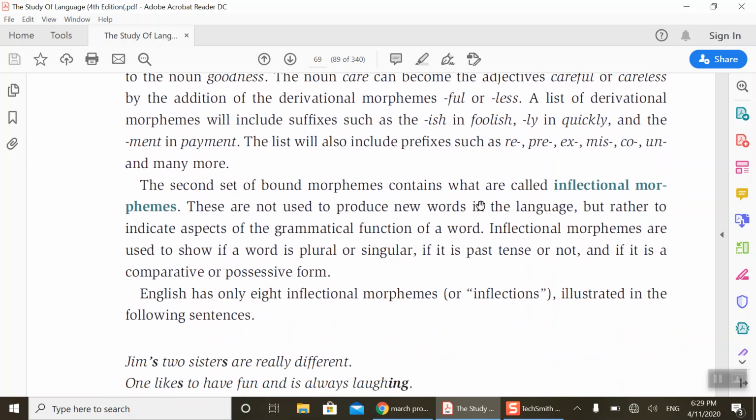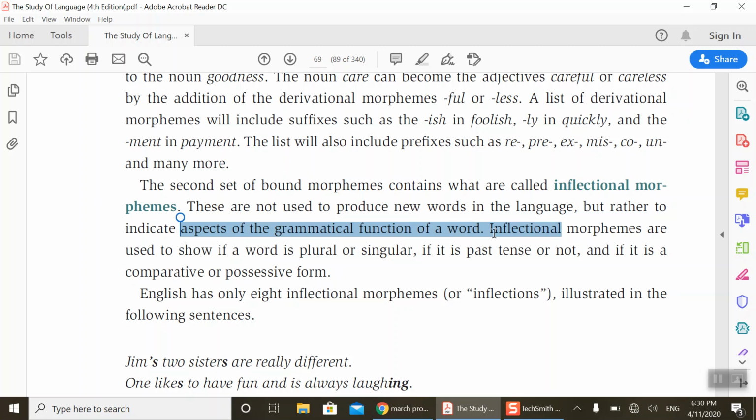Second type of bound morphemes: inflectional morphemes. These are not used to produce new words in the language, but rather to indicate aspects of the grammatical function of a word.